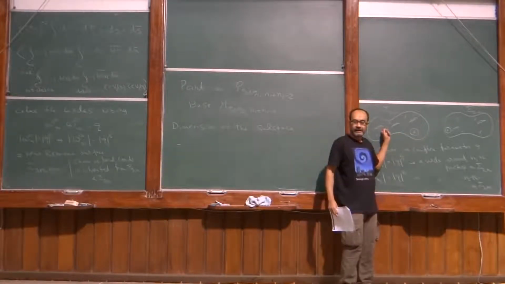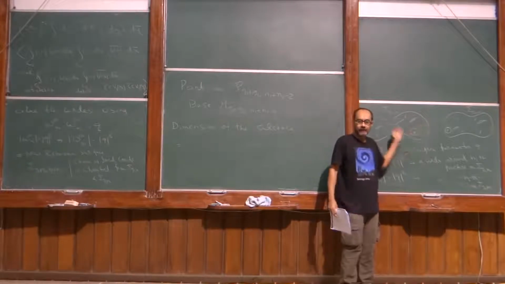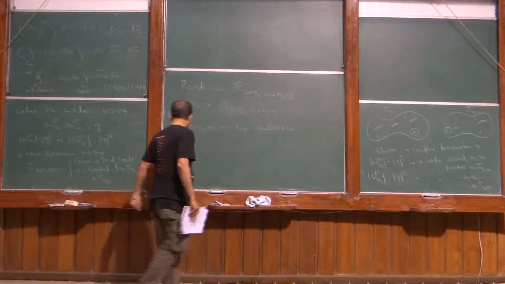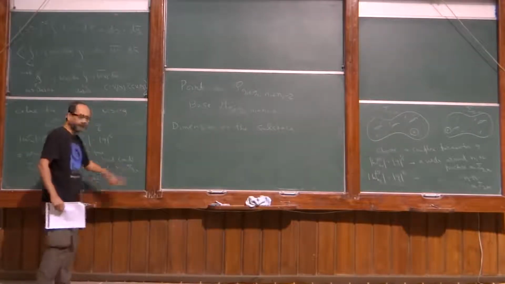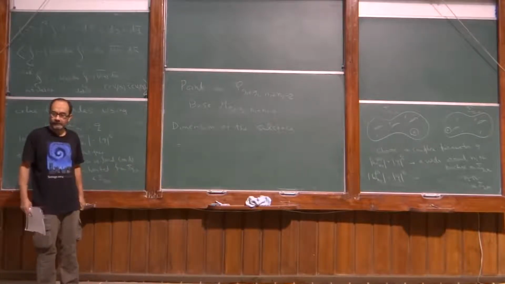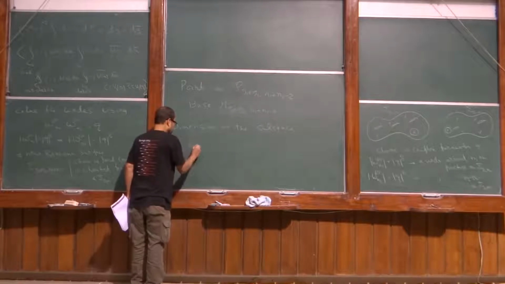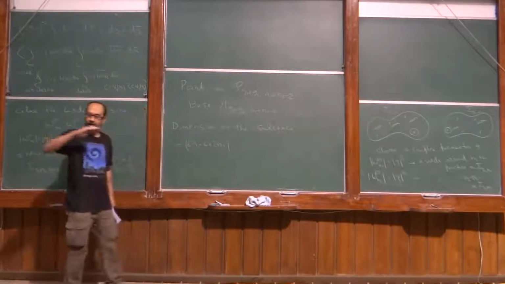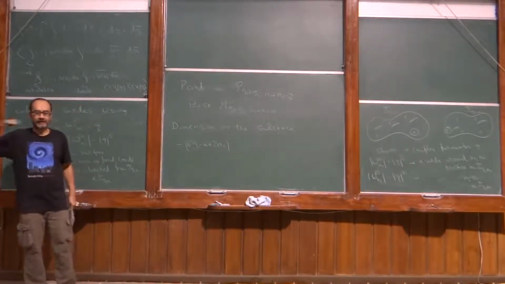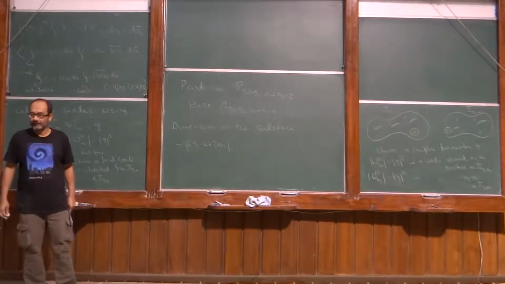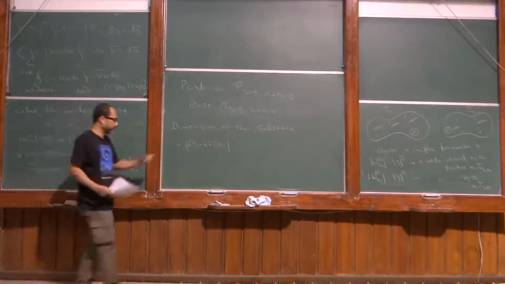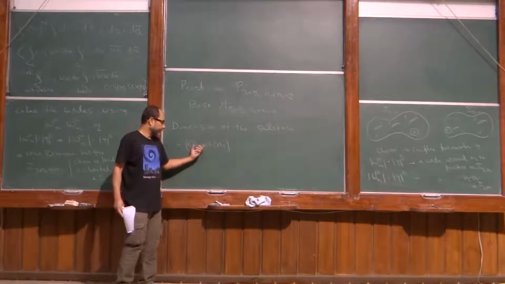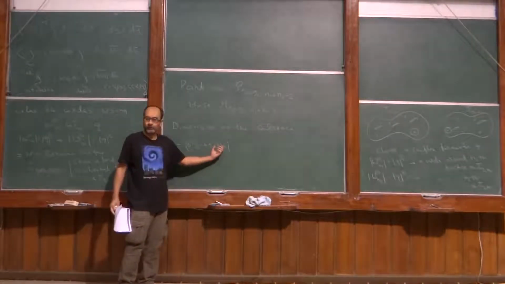Because this family was parameterized by a certain number of parameters, right? So how many parameters are those? A section in Pg1 n1 has 6g1 minus 6 plus 2n1. These many parameters are inherited, because originally you had a family of points in Pg1 n1 parameterized by these many parameters. So these are the moduli of the genus g1 surface and the locations of the n1 punctures.